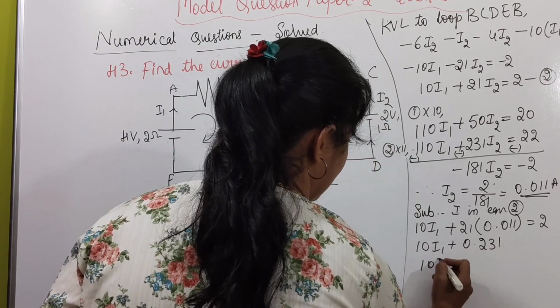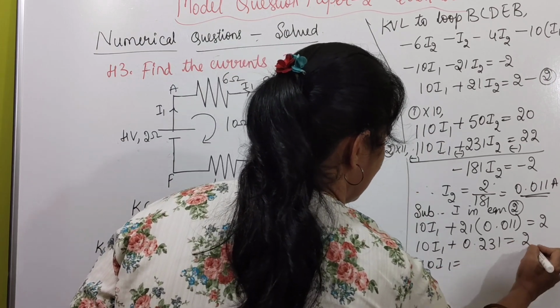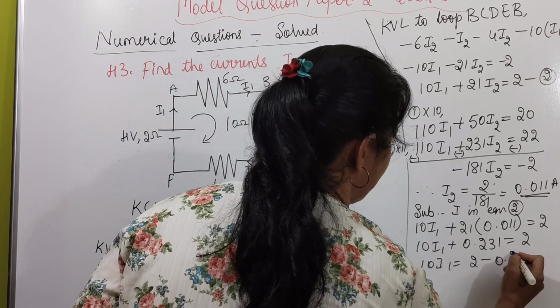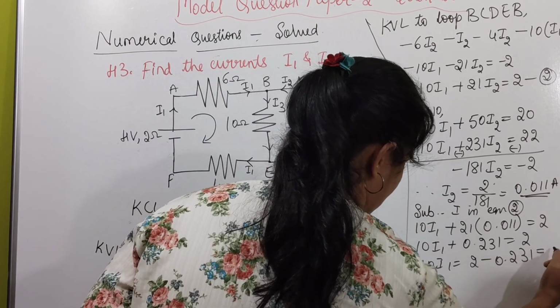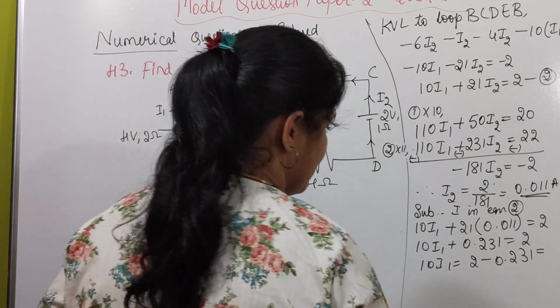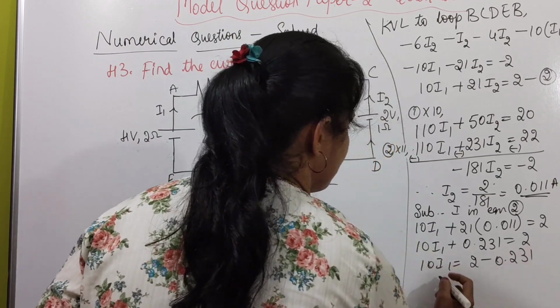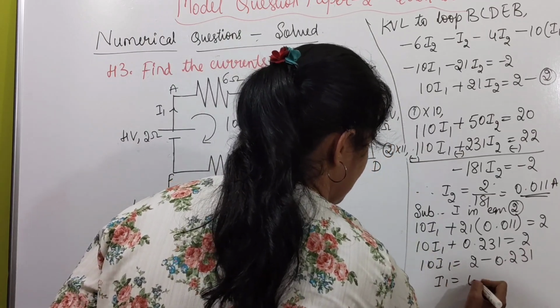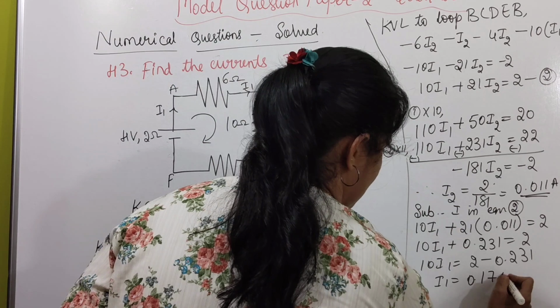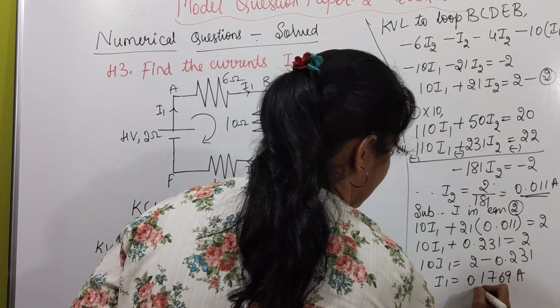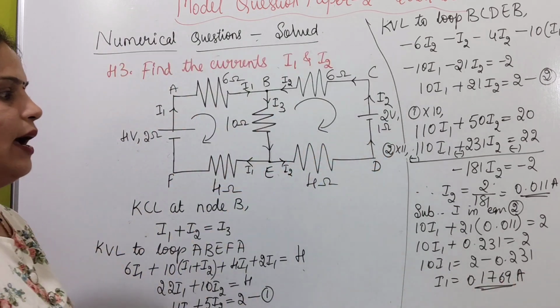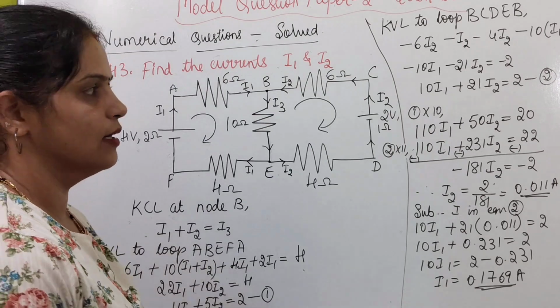So 10 I1 is equal to 2 minus 0.231, that is 1.769. So after simplifying you will get I1 is equal to 0.1769 ampere. This is clear, student.